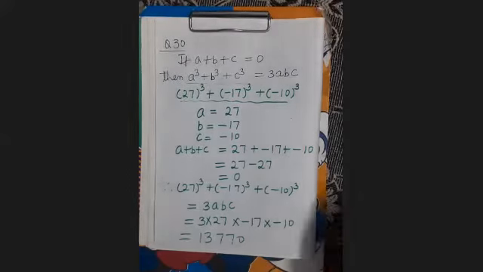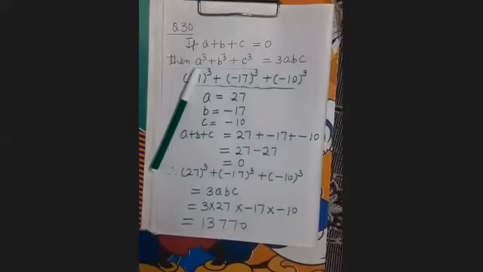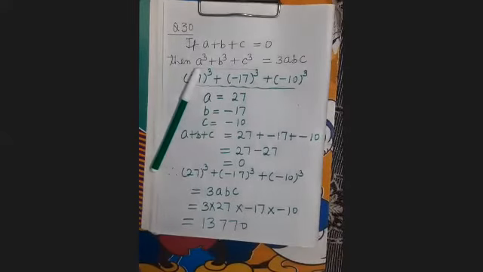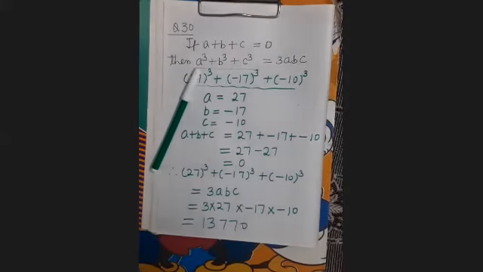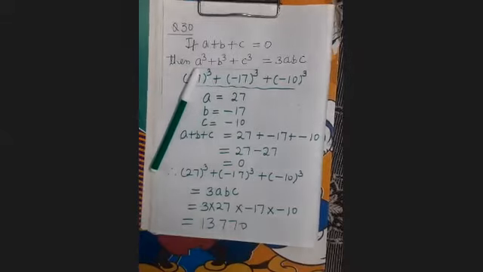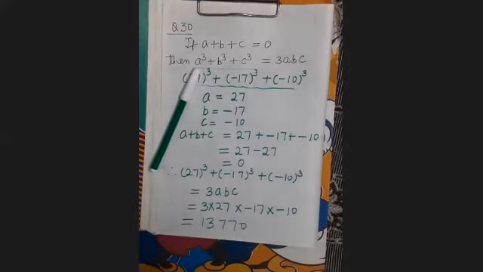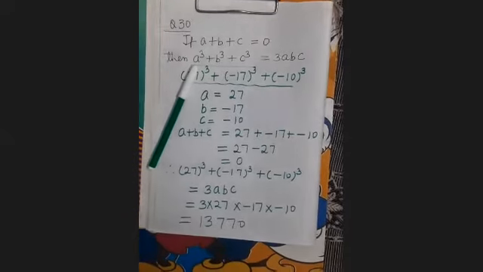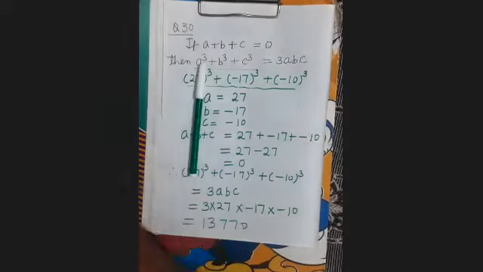Now all of you see question number 31, if you see here in the book only I am explaining.